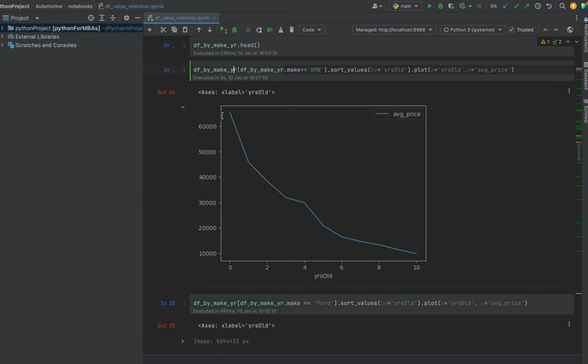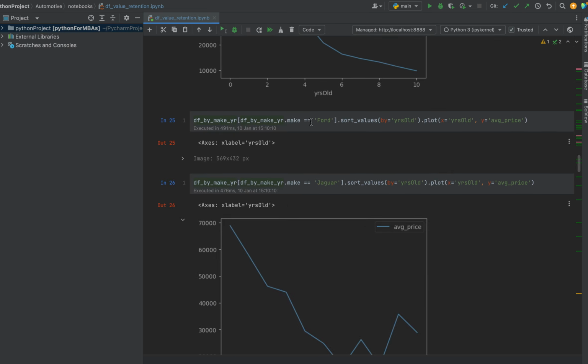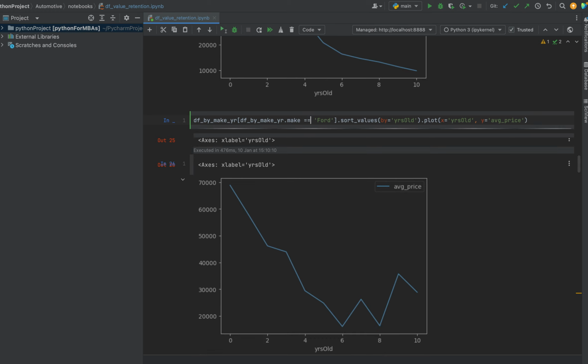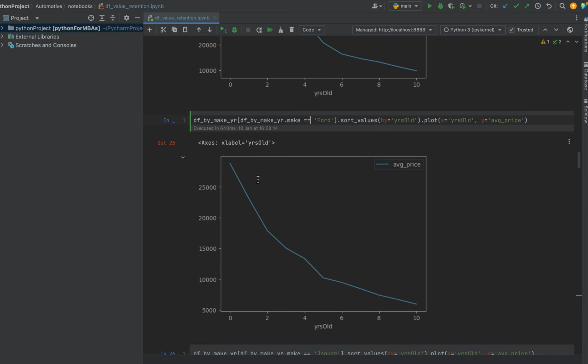This is basically when you look at how old it is. If it's brand new, it's about 60 something grand, and this is how the price changes over time. That's basically the trajectory we have for most of these things.